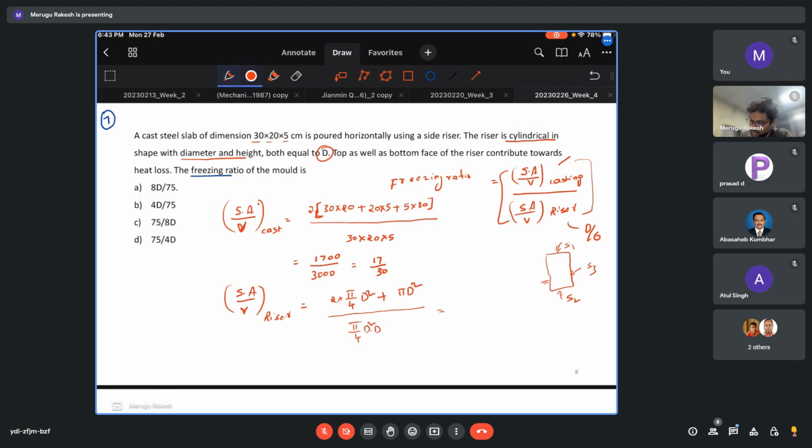So this is not d by 6 actually. That is for volume by surface area, that is d by 6. So you will end up with pi d square, pi d square, pi d square, 2's.